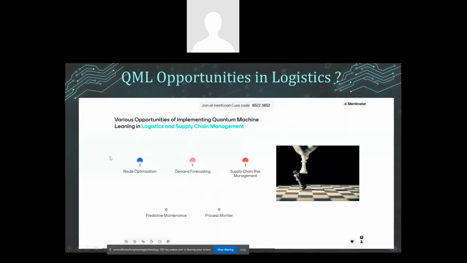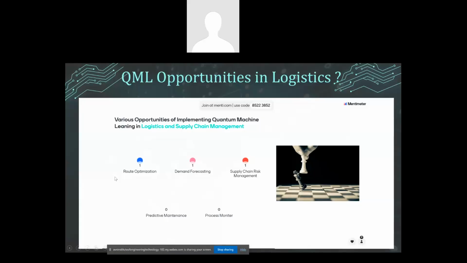Okay, so I see three different answers: route optimization, demand forecasting and supply chain risk management, and one more is predictive maintenance. So these are the four different categories where we can use quantum machine learning in logistics and supply chain management.